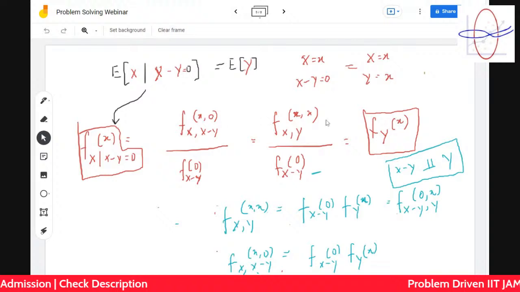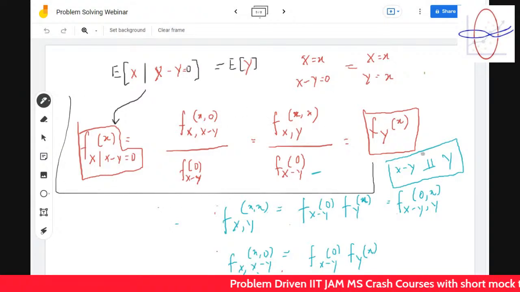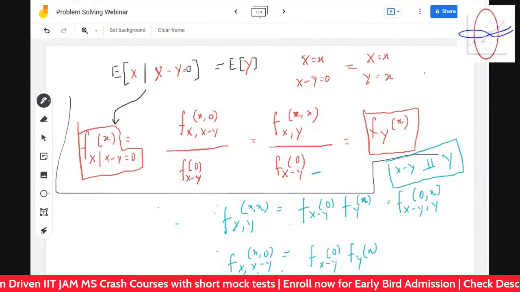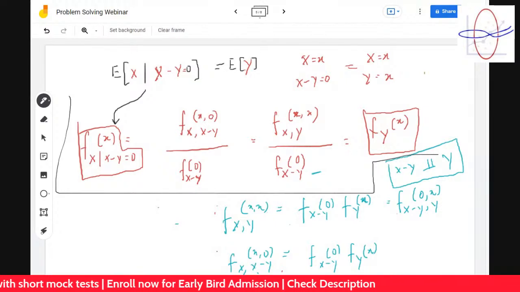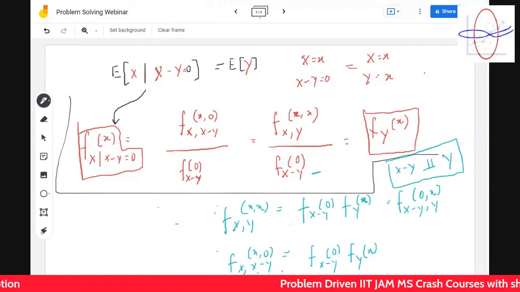Okay, sure. Did you understand this whole calculation over here? So in the last part, how did we write f of x?